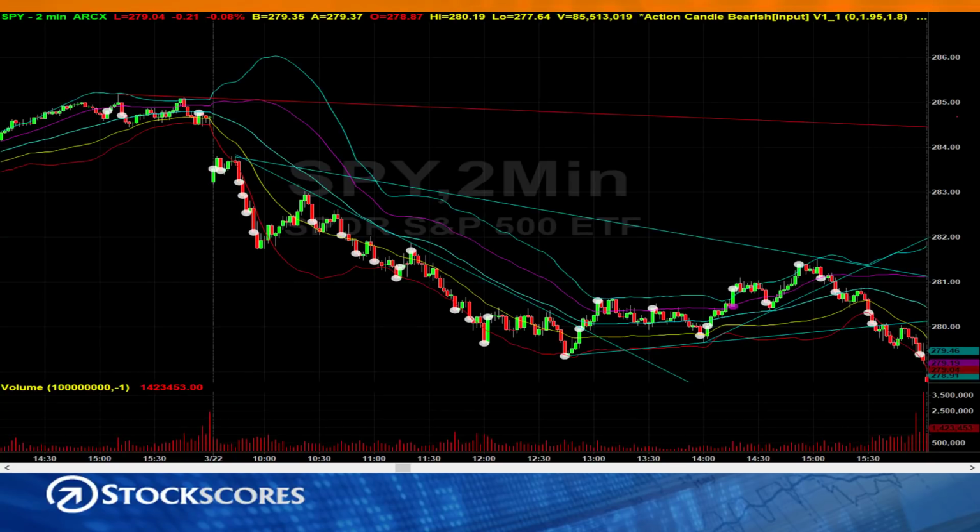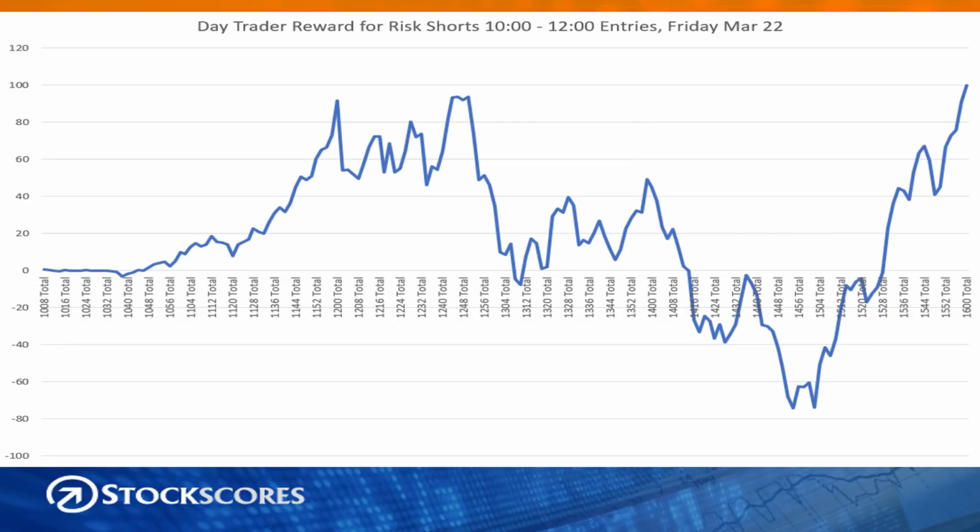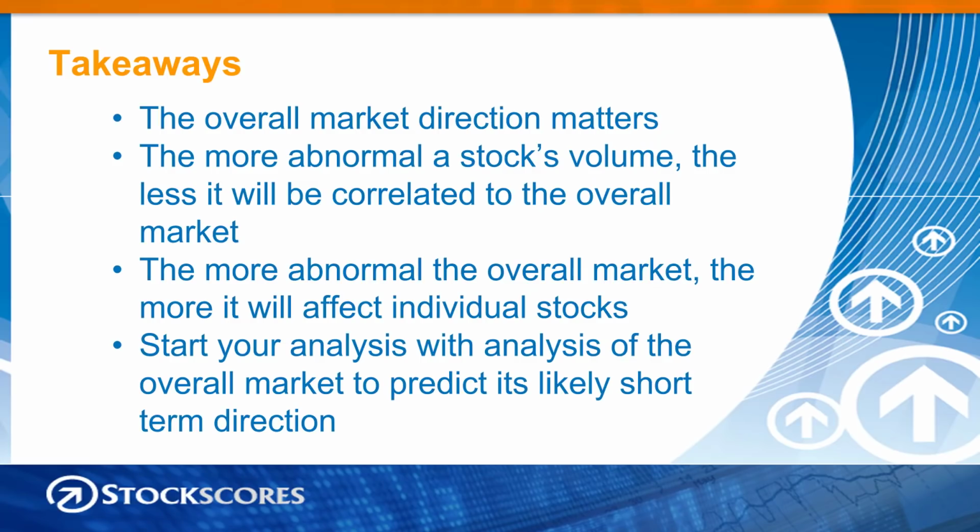They're going upstream. There you see 1 o'clock, the market moved up, and those shorts that were entered between 10 and 12, which were benefiting when the market was going down, now all of a sudden started losing value, losing profitability. So the point of all this is that the overall market direction matters.